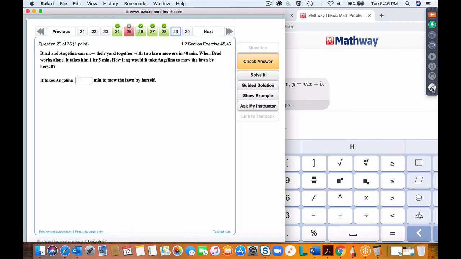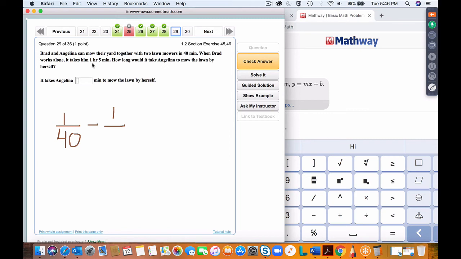Let me tell you how you are going to find this. The bosses working together spend 40 minutes, so working together will be 1/40, but I subtract when one is working alone, which is 1 hour and 5 minutes.